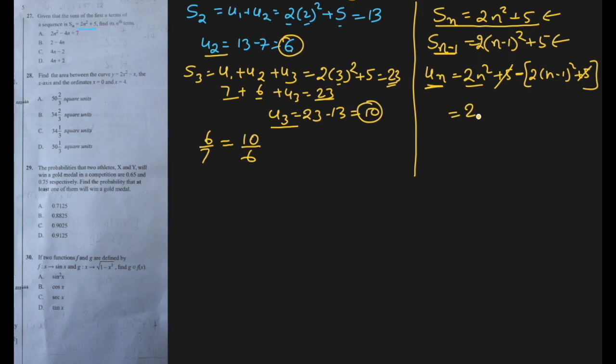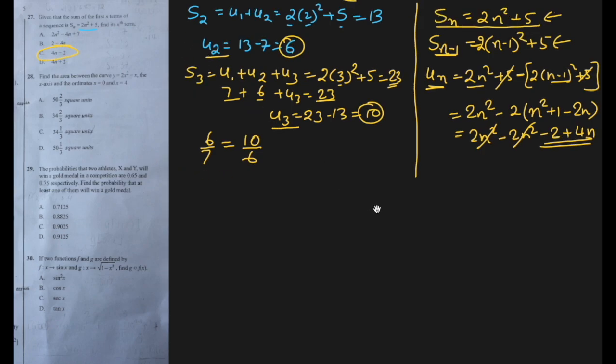So 2n square minus 2, this one, and (n minus 1) square, we will expand this. n square plus 1 minus 2n. So it will be 2n square minus 2n square minus 2 plus 4n. So 4n minus 2, this is the answer.